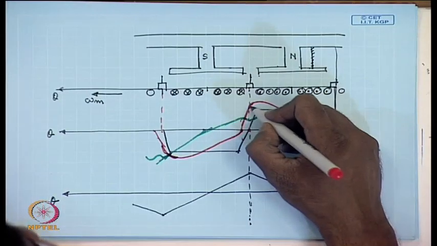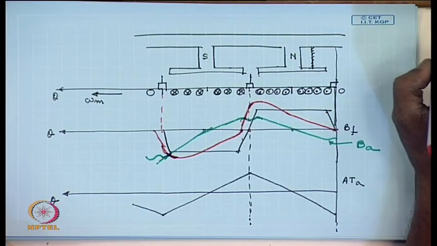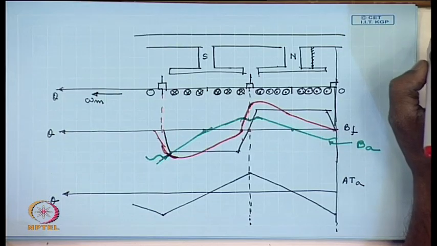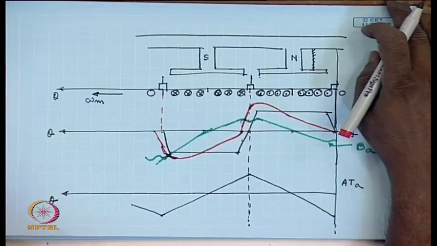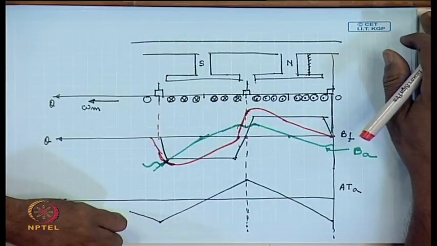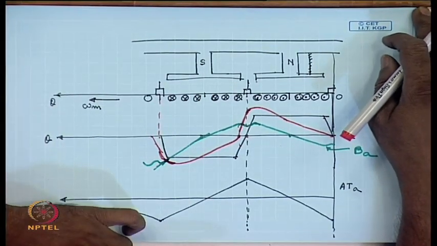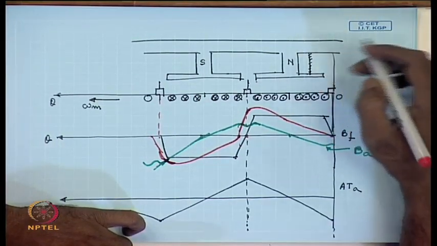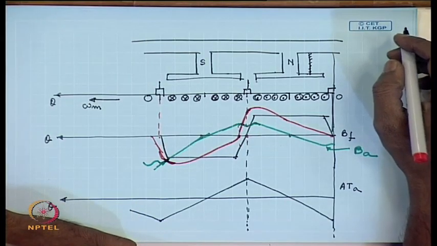Now, let us see what is the effect of armature reaction on the induced voltage and torque and so on. We have seen that the voltage induced in an armature coil depends on the flux per pole.